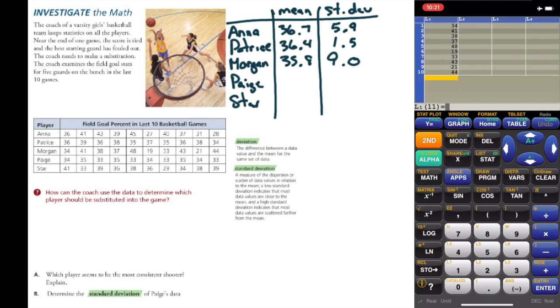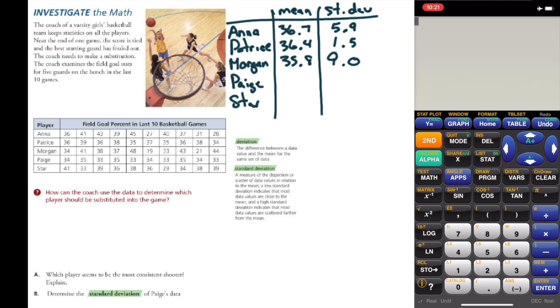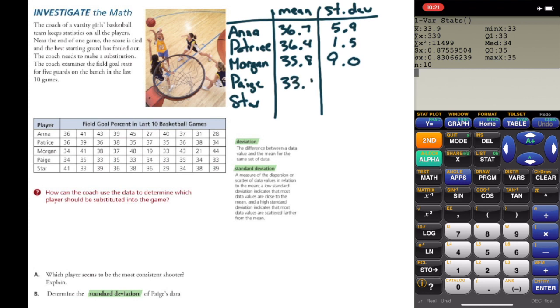Paige, and I know I've said this at least once already, if you need to pause to catch up to me, please pause. But by now we're just going through the same process 5 times for 5 different people. So I am going to speed that up as I've been doing. Paige's mean 33.9%, standard deviation of 0.8.